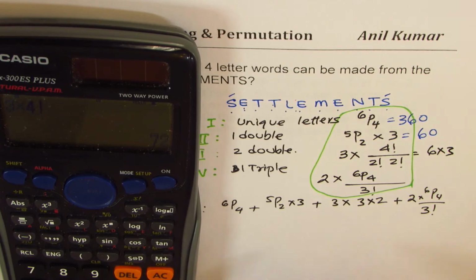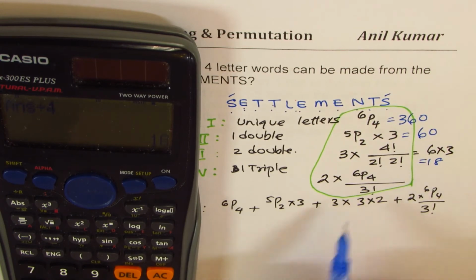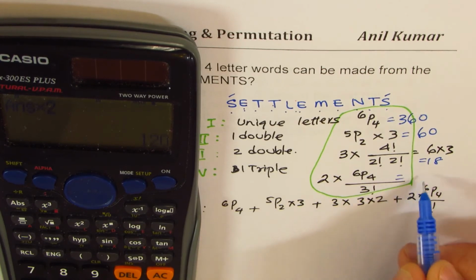And then we'll divide by 2 factorial. 2 factorial is 2, which gives 18, right? So this is 18, okay. And the last number here is 6p4, will divide by 3 factorial, and then we'll multiply by 2. So we get 120 for this.